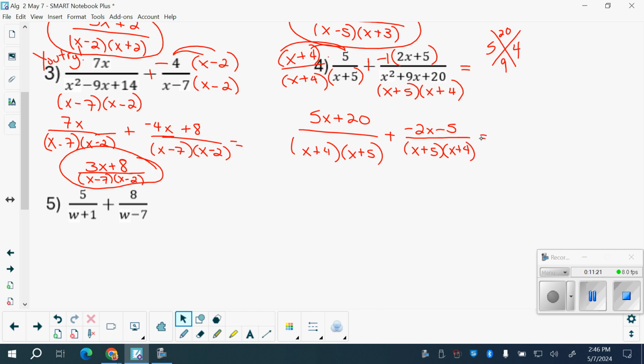And then we want to add our like terms. When we add our like terms, what do we get? Raphael, what do we get when we add our like terms? Yeah.